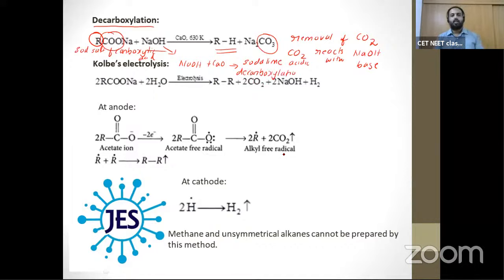Good. That is decarboxylation. Now, there is one more way you can bring about decarboxylation. It's through electrolysis, by making use of electricity. How do you achieve it? Again, take the same sodium salt of carboxylic acid, make an aqueous solution out of it, and subject it to electrolysis.